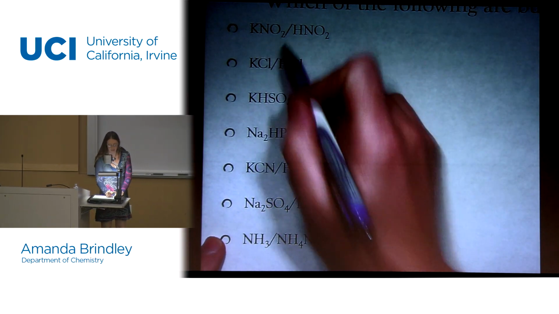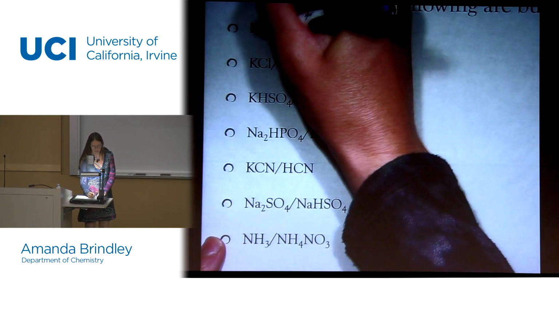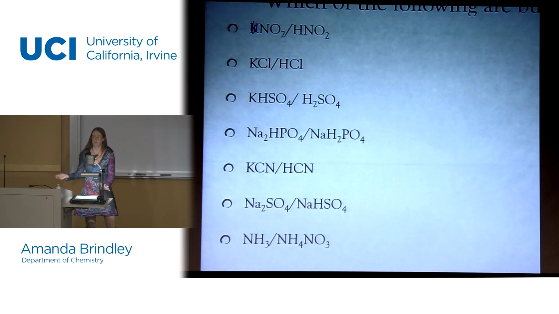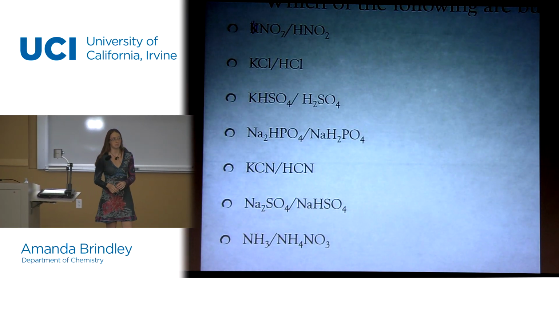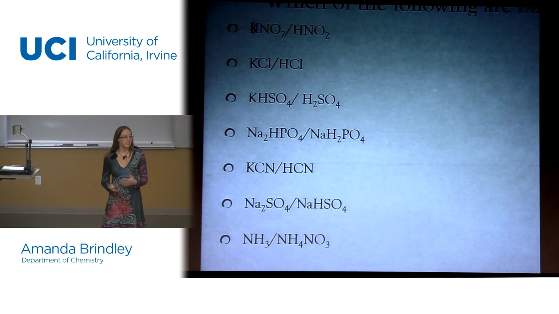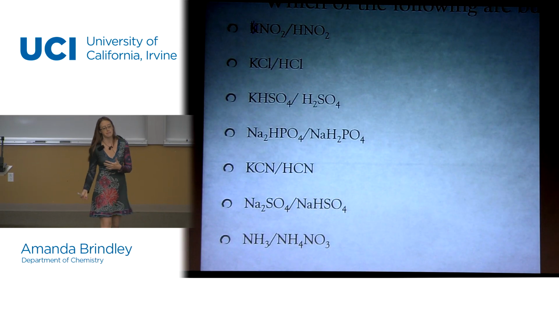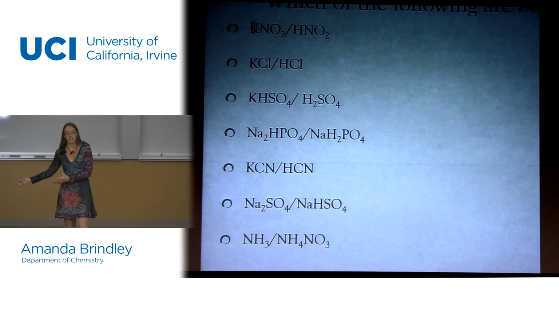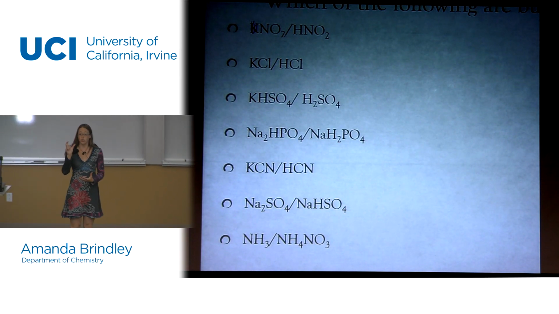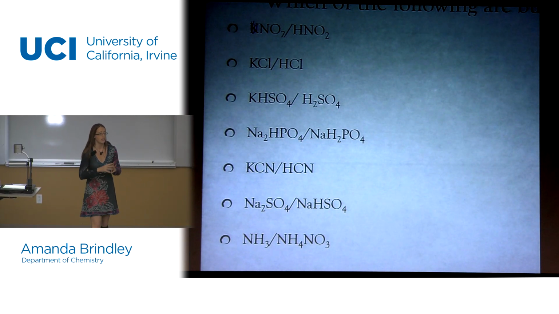So in this case, what here is our spectator ion? Potassium. How did you know that? Because potassium is always a spectator ion. Yeah, fair enough. But why is that? It's because it doesn't react with water. It doesn't play a role here. There's no equilibrium that potassium is involved with here. And that's because potassium hydroxide is a strong base. It's not going to pick up a hydroxide, so it doesn't play a role here.